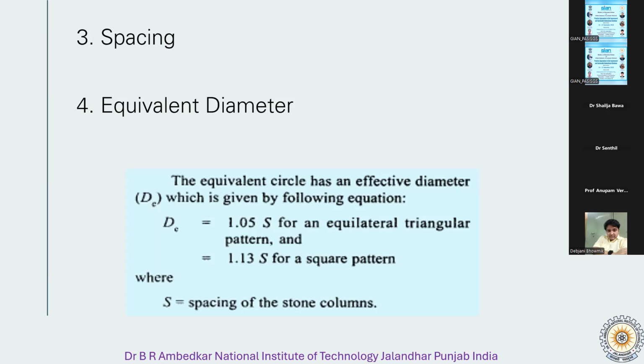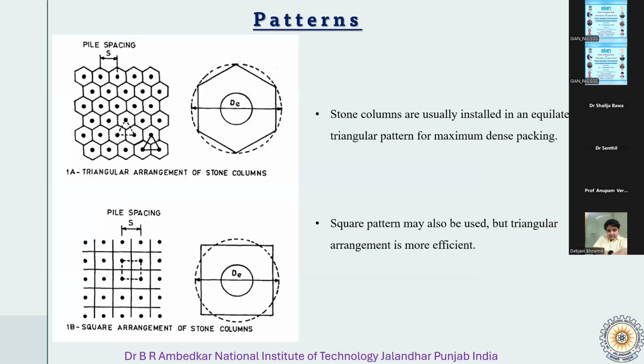When we design any single column, we will use one term, which is equivalent diameter. Here you can see what is equivalent. The tributary area of the soil surrounding each stone column forms a regular hexagon around the column. It can be seen in the first figure when the triangular arrangement is there.